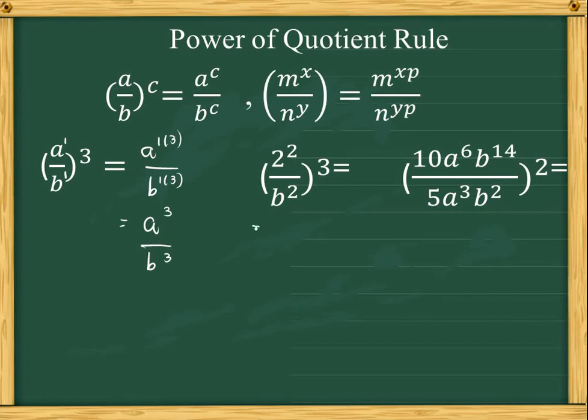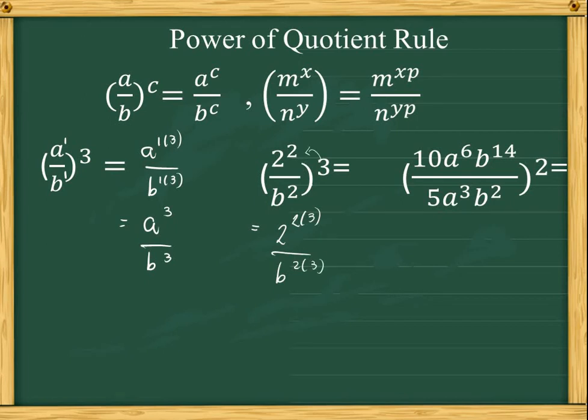Let's have example 2. So, we have here quantity 2 squared all over b squared, raised to the power of 3. Copy the base 2 raised to 2. Then, power to power, 2 times 3 all over b raised to 2 times 3.